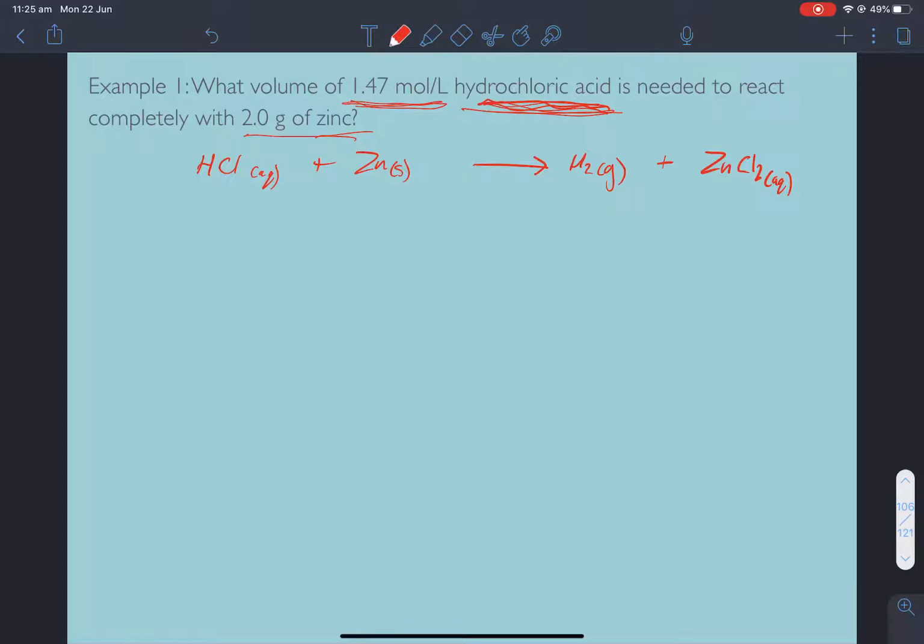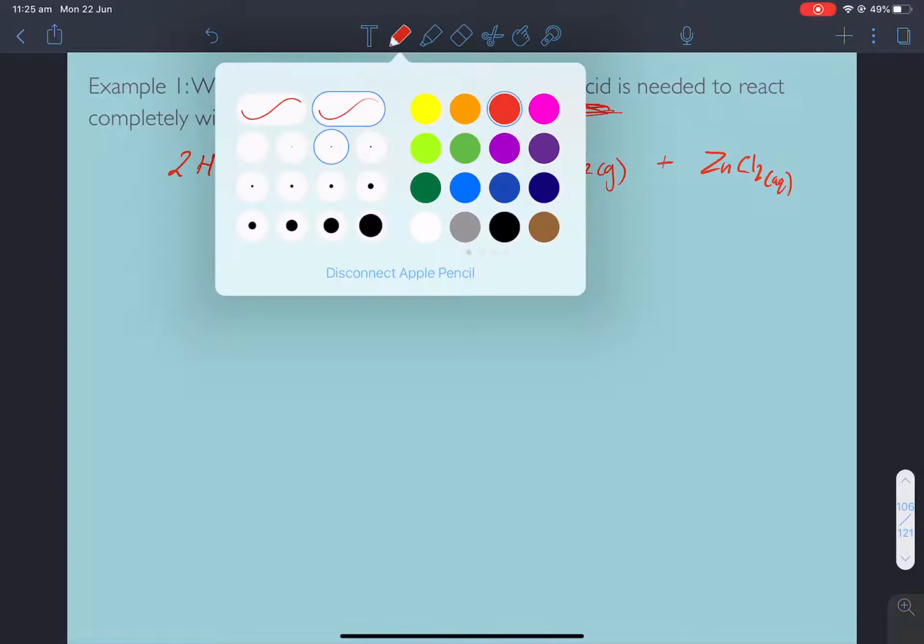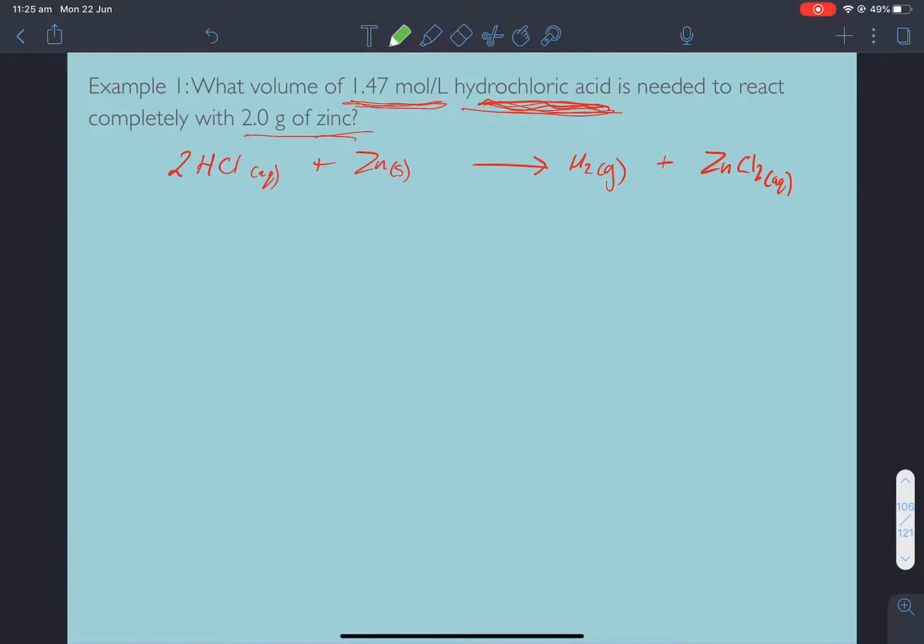Okay, let's make sure we're balanced, and we're not, because zinc chloride is ZnCl2, so we need 2 hydrochloric acids. And that gives our 2 hydrogens to make H2 there. So we're all balanced now. Okay, what do we got from the question? Let's change colours. We've got our hydrochloric acid concentration is 1.47 moles per litre.